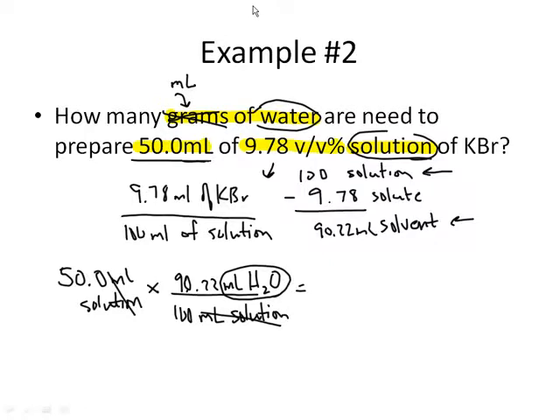So 50 times 90.22 divided by 100 gives me 45.1 milliliters H2O. So this was an example that gave me solution and asked me for solvent.